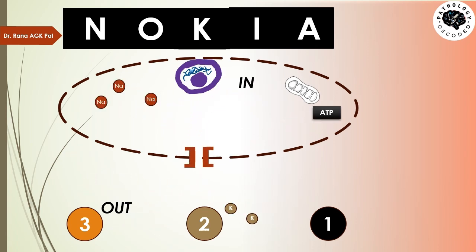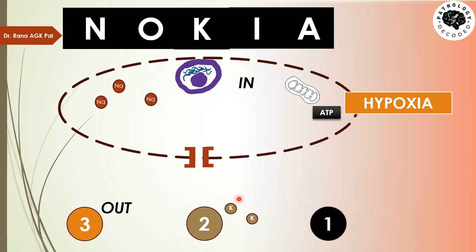Over time, sodium will start accumulating inside the cell. So more sodium will be present inside the cell and more potassium will be present outside the cell. Why is this happening? Because due to hypoxia, the membrane got damaged and the pump got compromised.